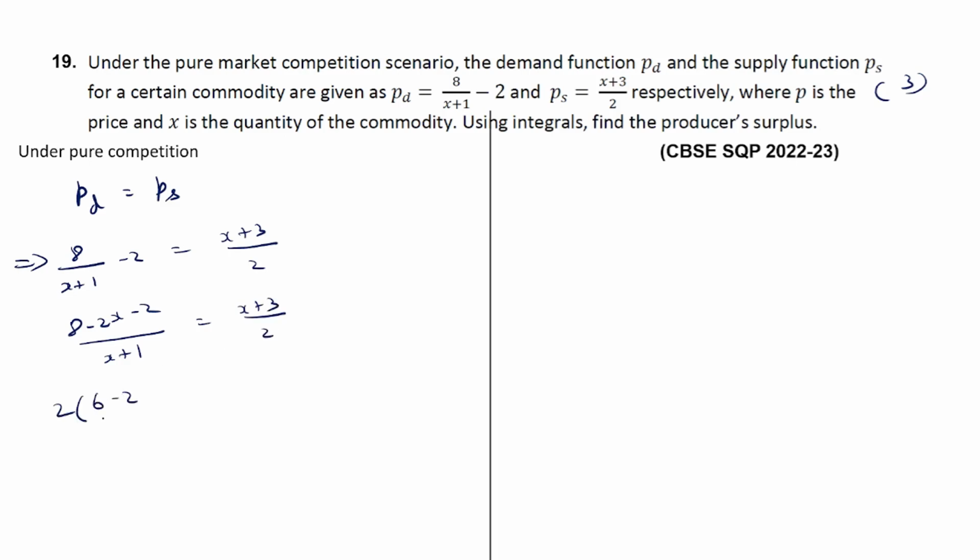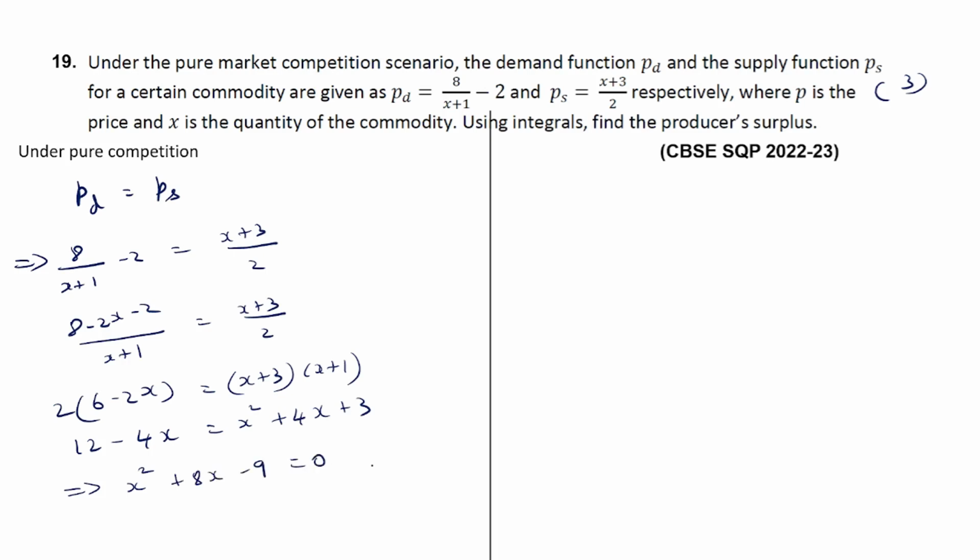So cross multiplying, 2 into 6 minus 2x equal to x plus 3 into x plus 1. So this is 12 minus 4x equal to x square plus 3x plus x, it is 4x plus 3. Let us bring all the terms to one side. So we get x square plus 8x minus 9 equal to 0.